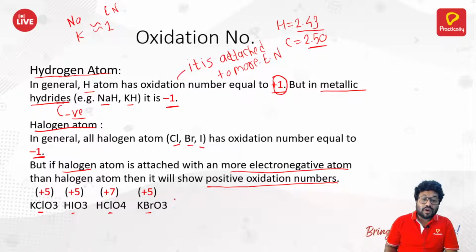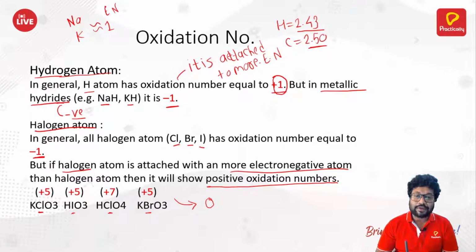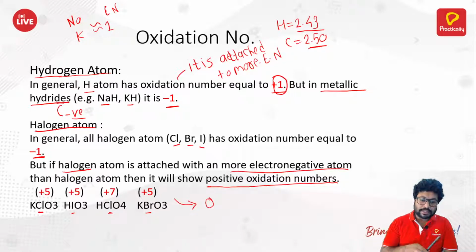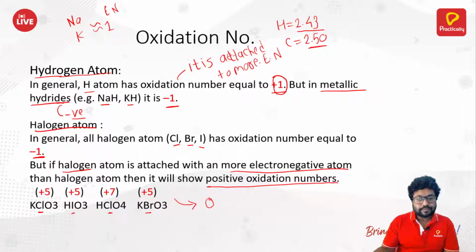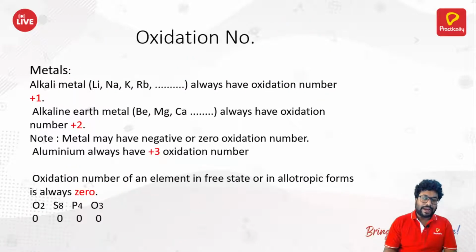Why? Because all of them are attached to oxygen, and oxygen is more electronegative than all the halogens except for the fluorine atom. That is why you will see all these halogens in a positive oxidation state with the oxygen. Okay, sure.